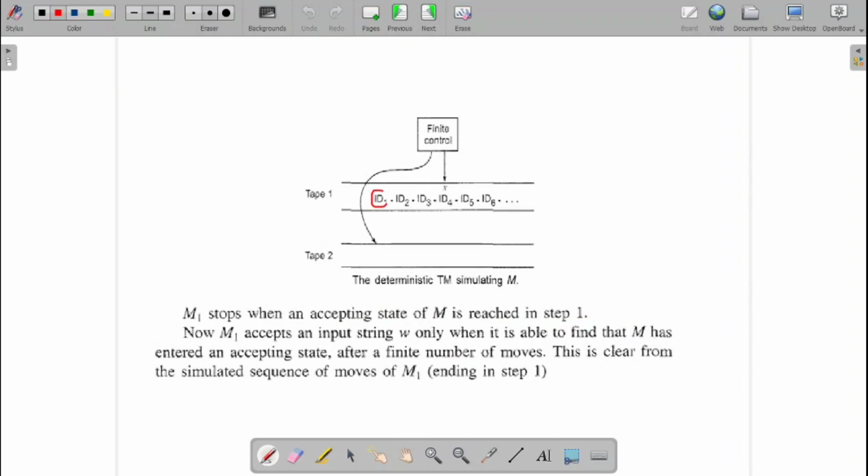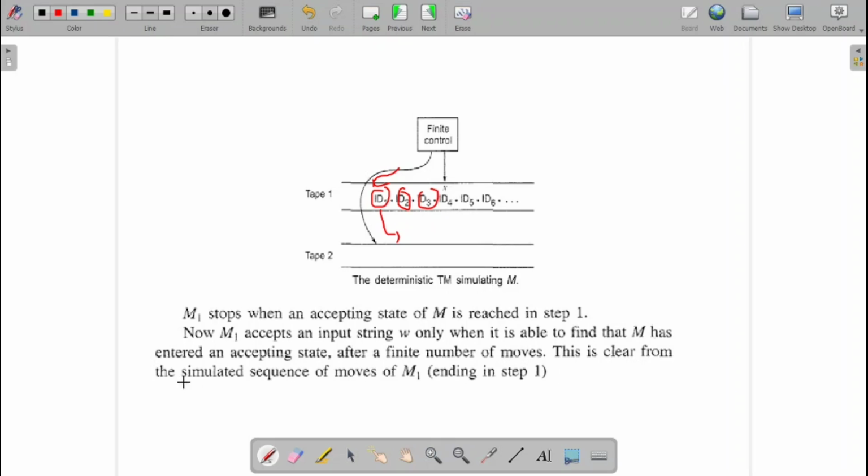So now these are all the possible instantaneous descriptions, separated by the star. We start with the initial instantaneous description and copy it to tape 2. M1 stops when the machine M reaches an accepting state in step 1. Then M1 accepts the input string W only when it finds that M has entered an accepting state after a finite number of moves.